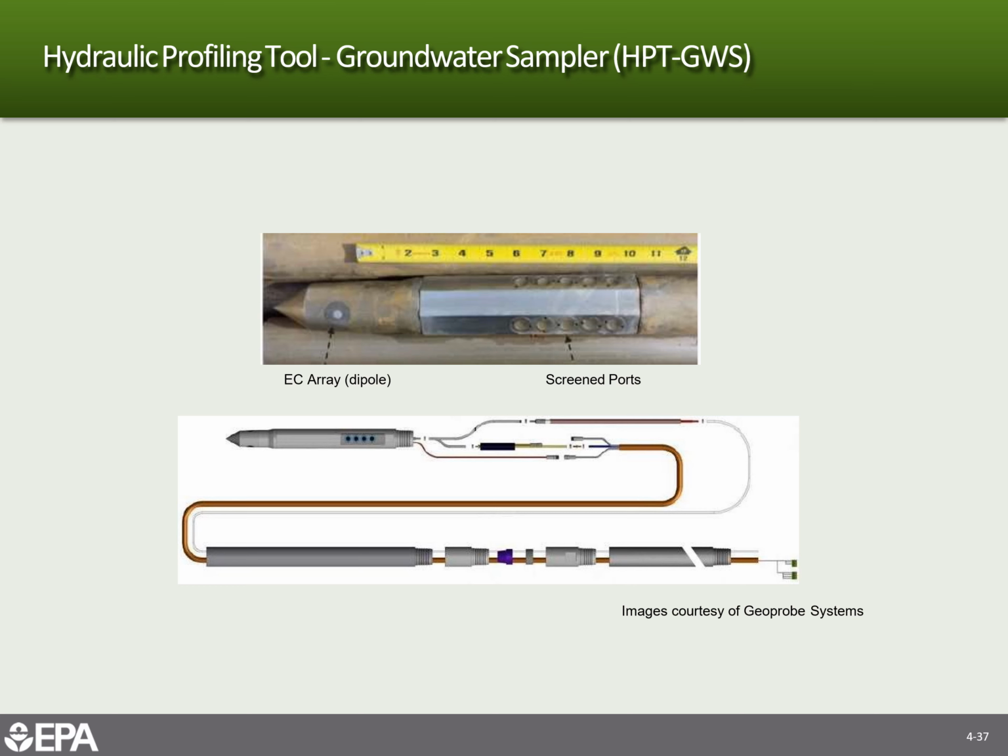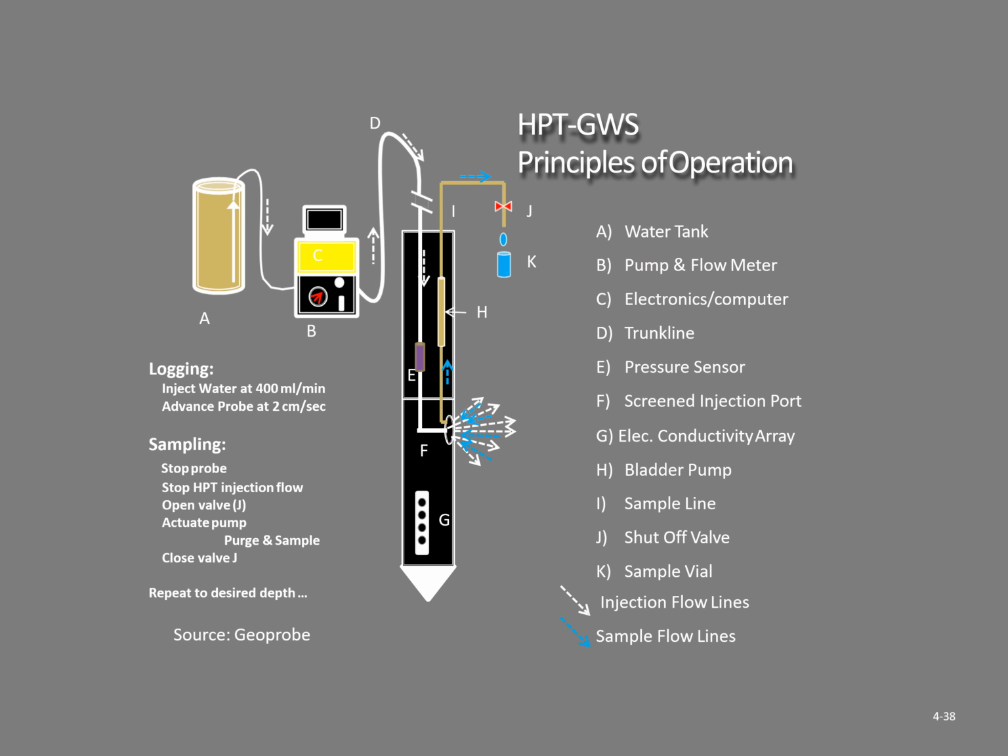So this is the same basic tool, but then with a water sampler associated with it. This is a schematic of the groundwater sampling version of the hydraulic profiling tool. As you push the tool in the ground, it's injecting water at 400 milliliters per minute, advancing at about 2 centimeters a second.